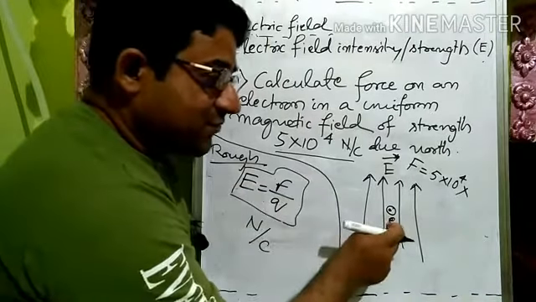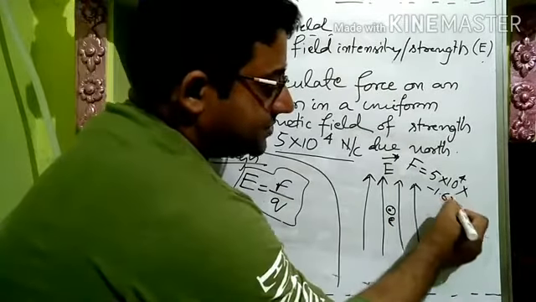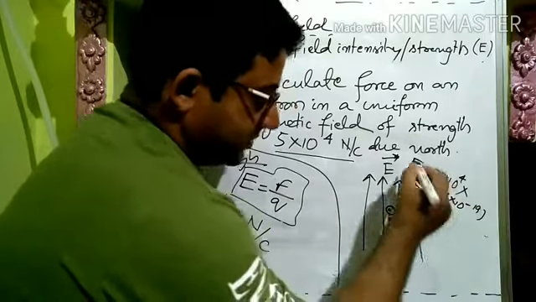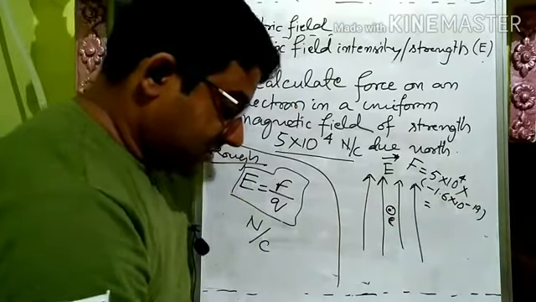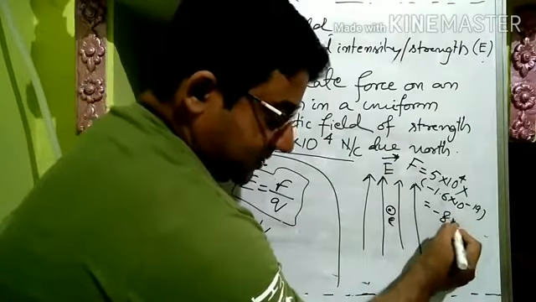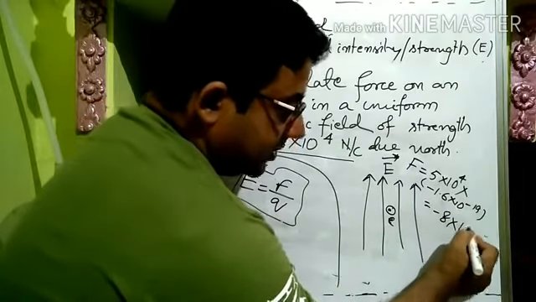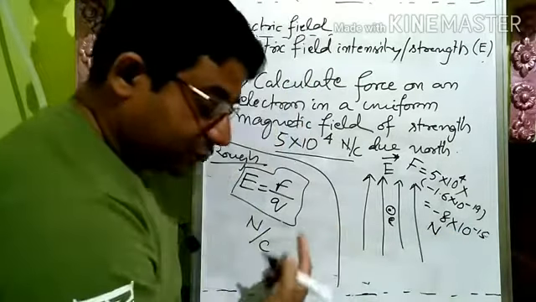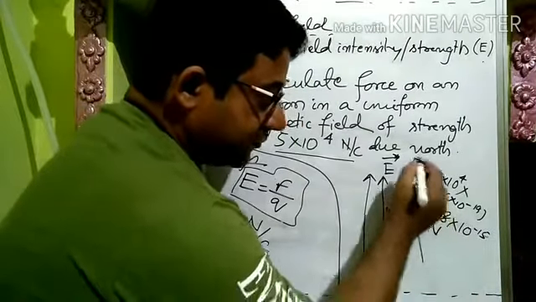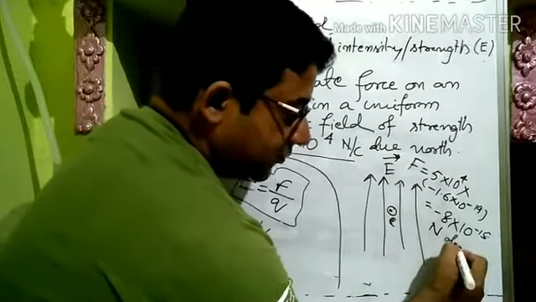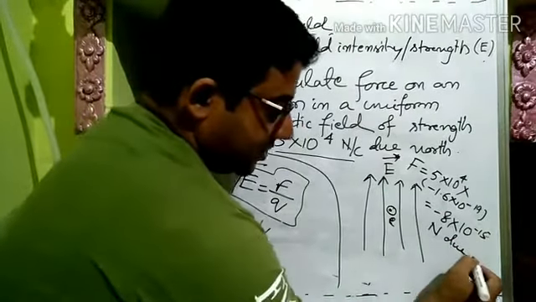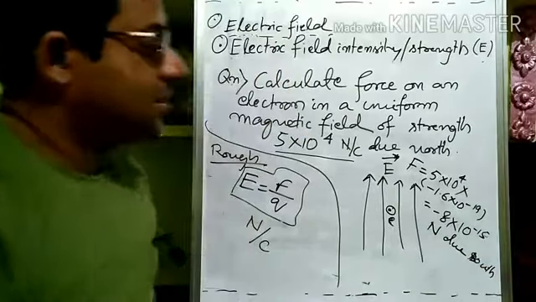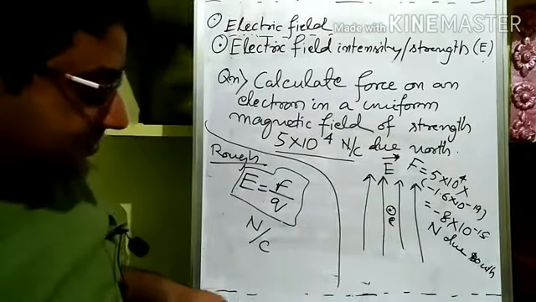What is the charge of one electron? 1.6 into 10 to the power minus 19. So the answer comes to 8 into 10 to the power minus 15 Newton, and force is a vector quantity, so we have to say due south. This is the answer.